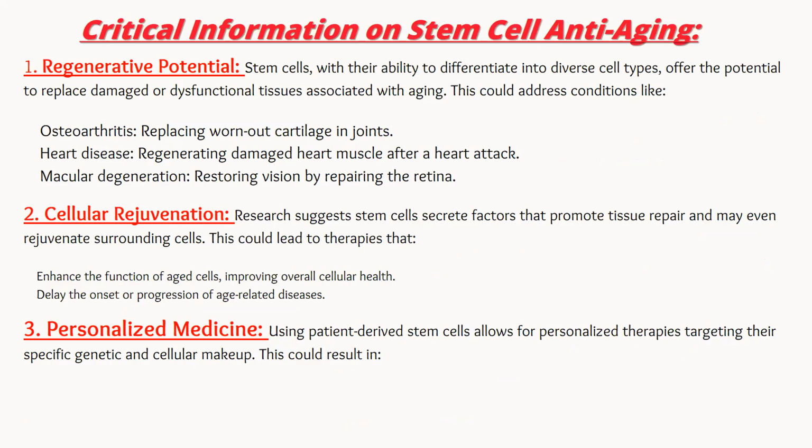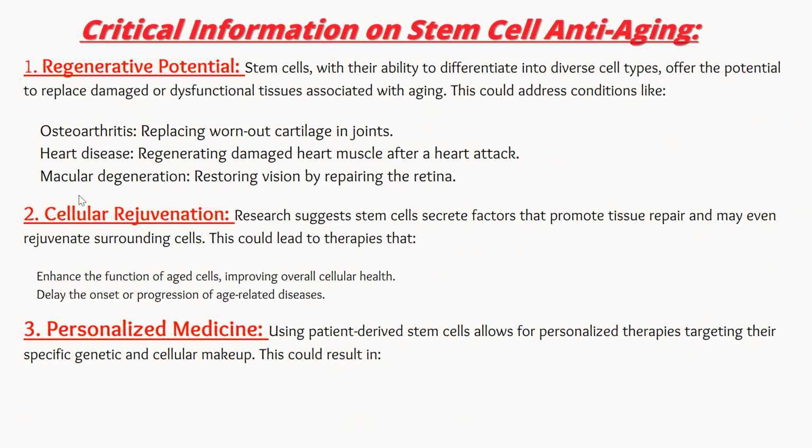What is the critical information on stem cell anti-aging? Of course, we consider the regenerative potential, cellular rejuvenation, and personalized medicine. The stem cell has the ability to differentiate into diverse cell types and to replace damaged and dysfunctional cells.